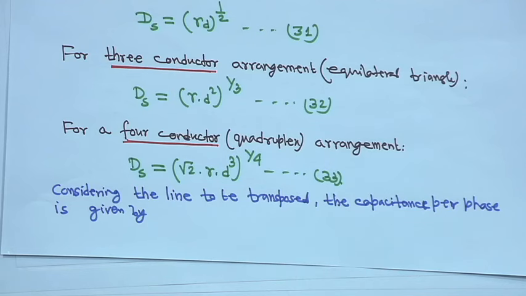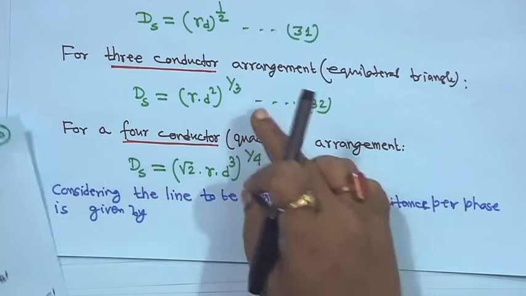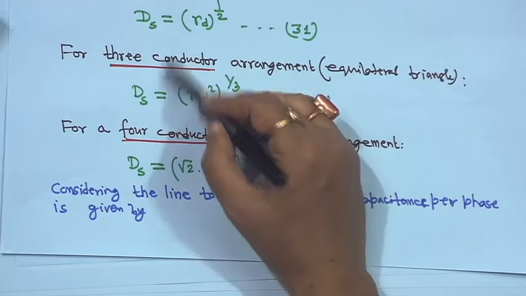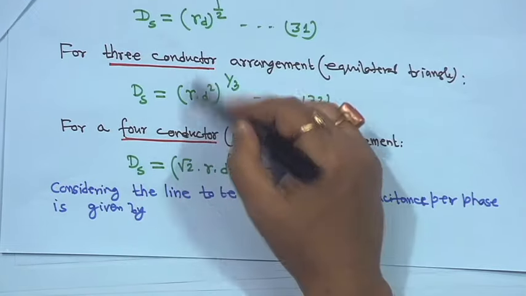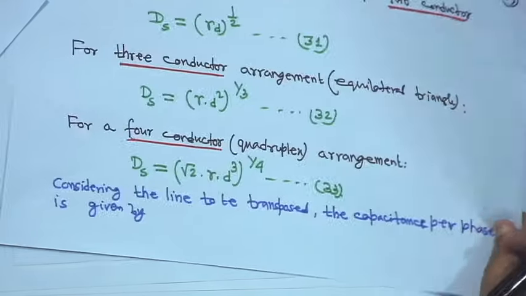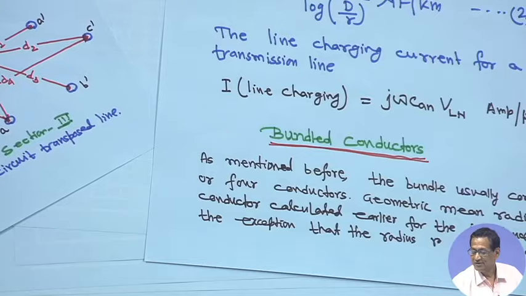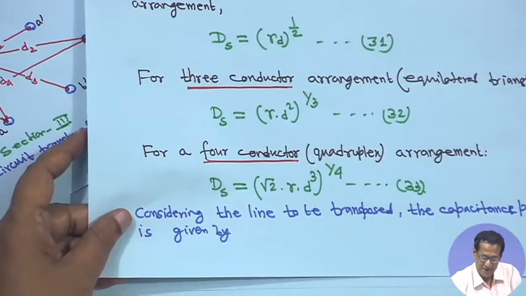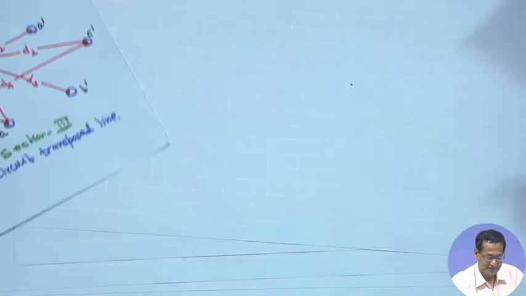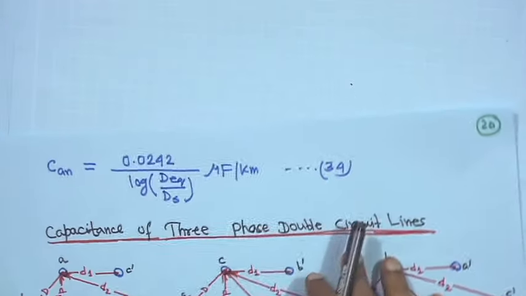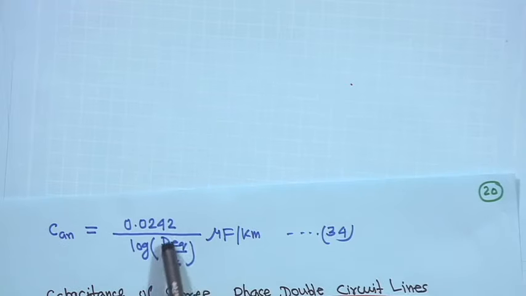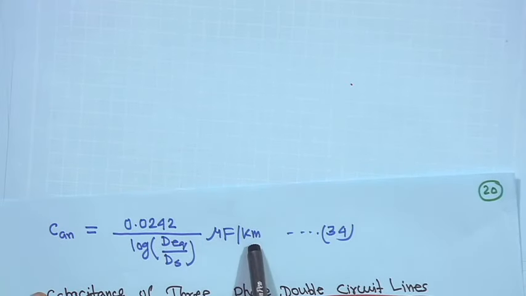So, considering the line to be transposed, the capacitance per phase is given by, if you assume the line is a transposed line, this kind of conductor arrangement instead of A, B, C. Instead of the equation with log of d upon r, in general we can write CAN is equal to 0.0242 log dq upon ds microfarad per kilometer.